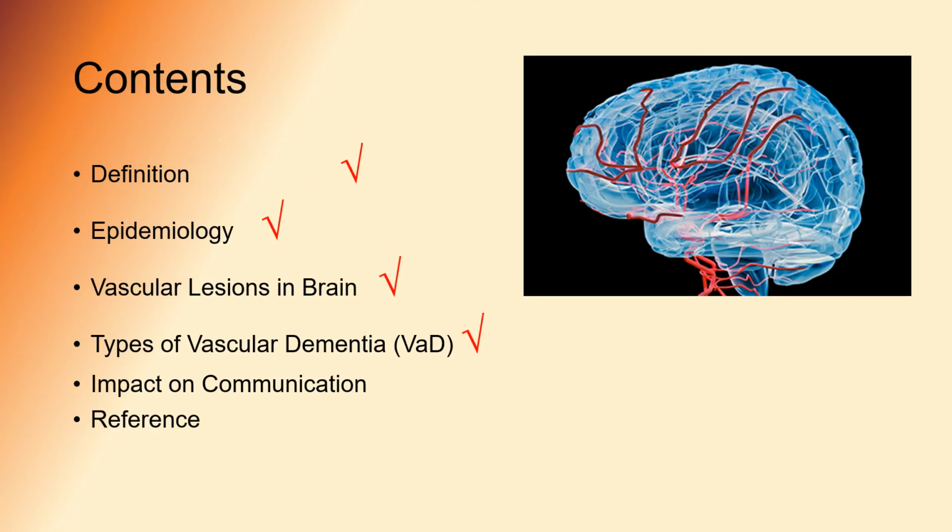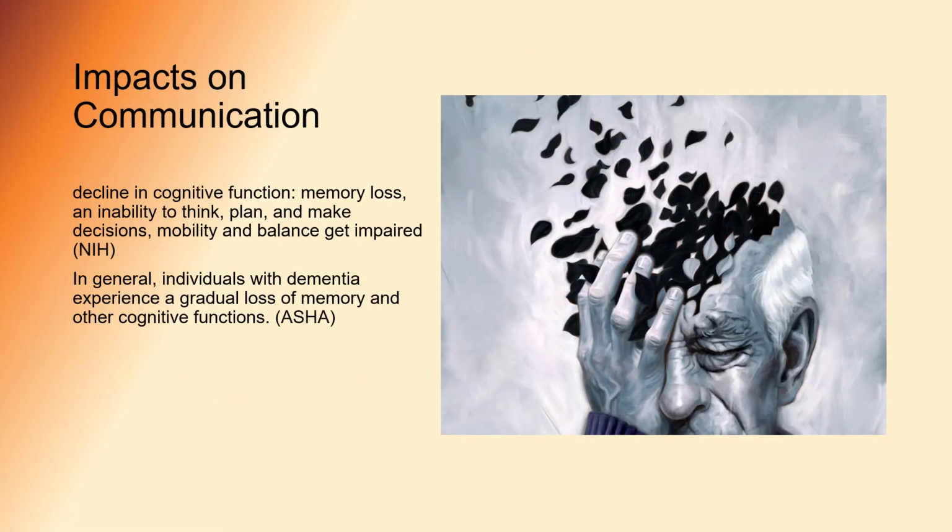Let's see the impacts on communication. Vascular dementia will cause cognitive function declining, such as memory, planning, thinking, and mobility and balance, which you can find more details on both NIH and ASHA websites.